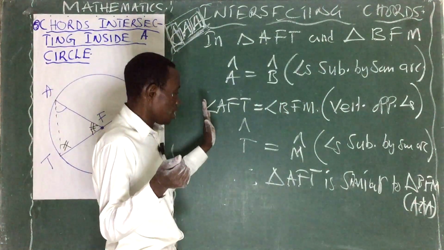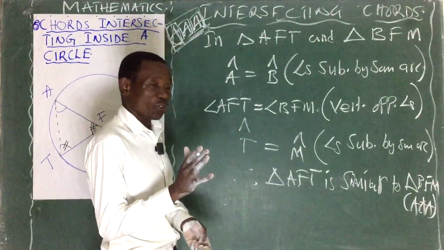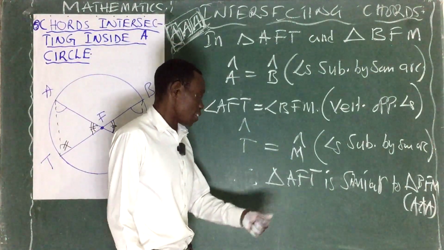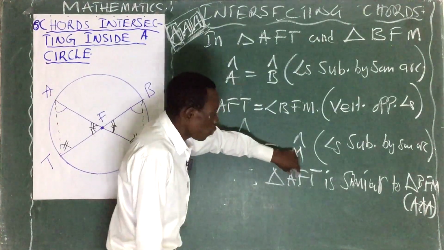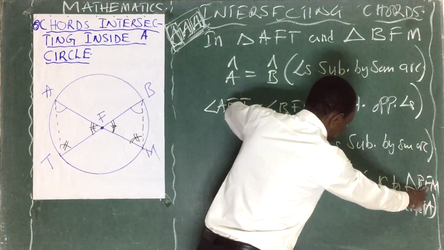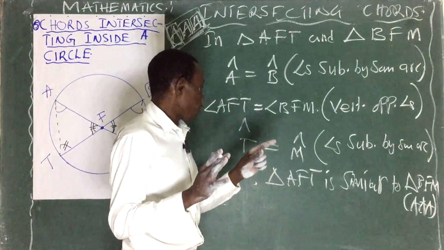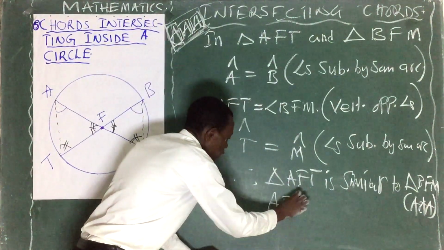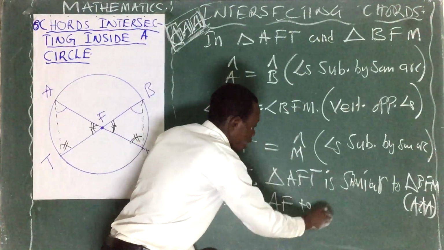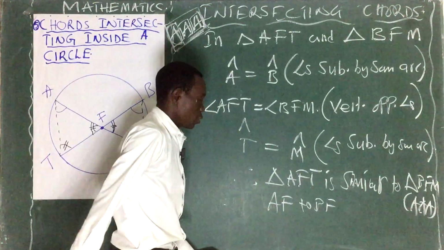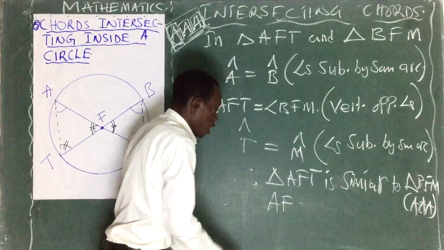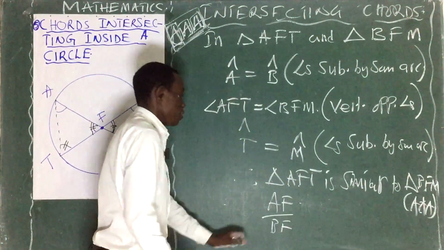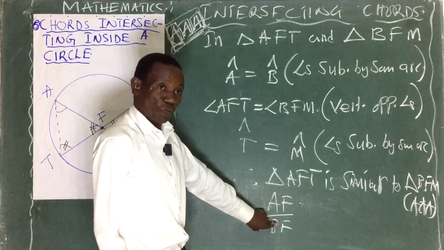You can even try to measure that to find that the ratios of those corresponding sides are equal. So what are we going to write here? We prefer to write it in a different form, like a fraction: AF over BF.